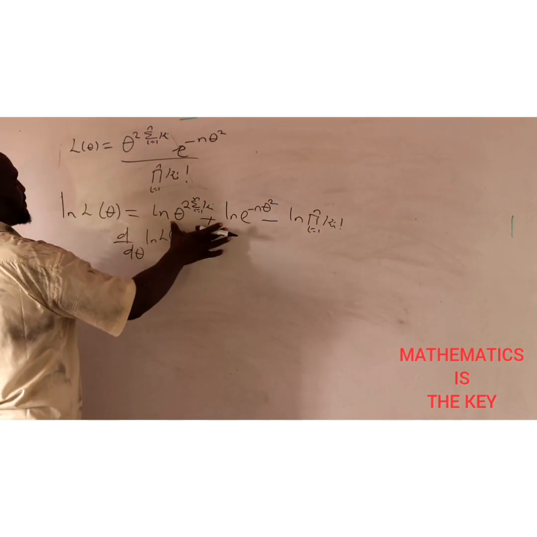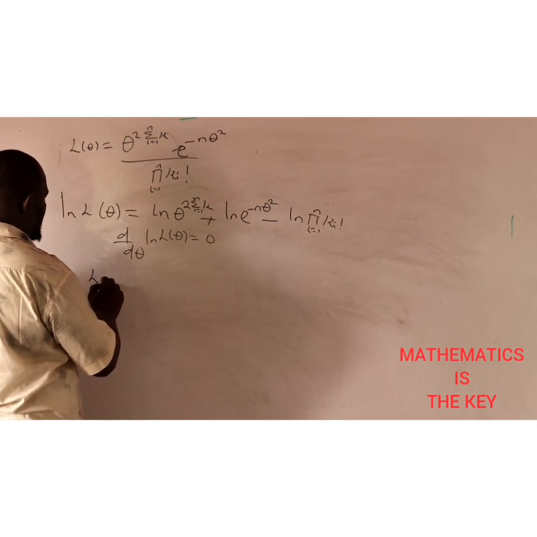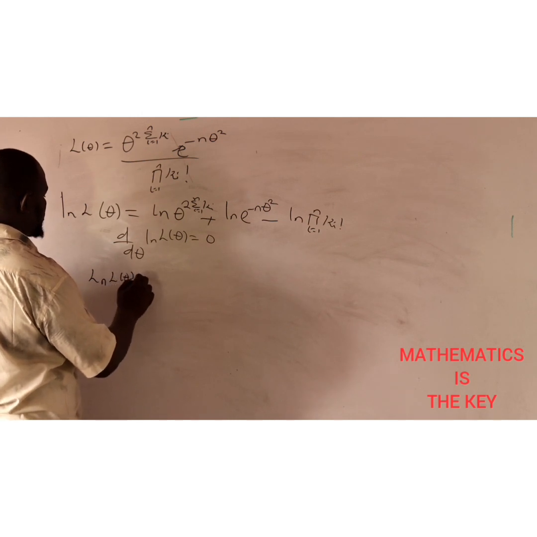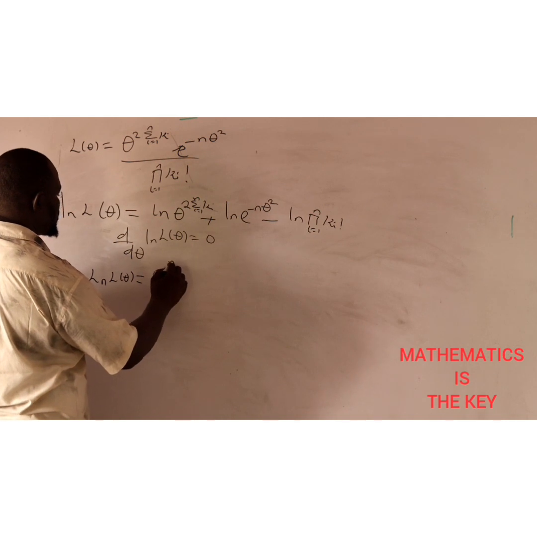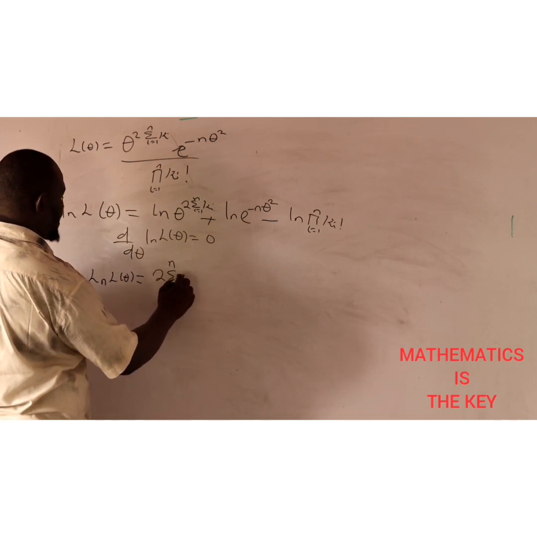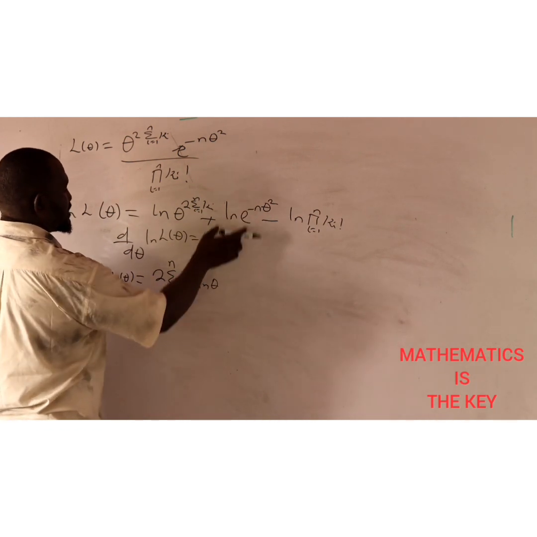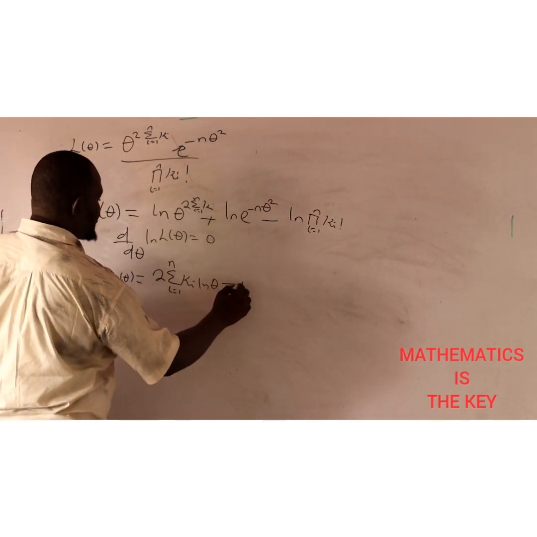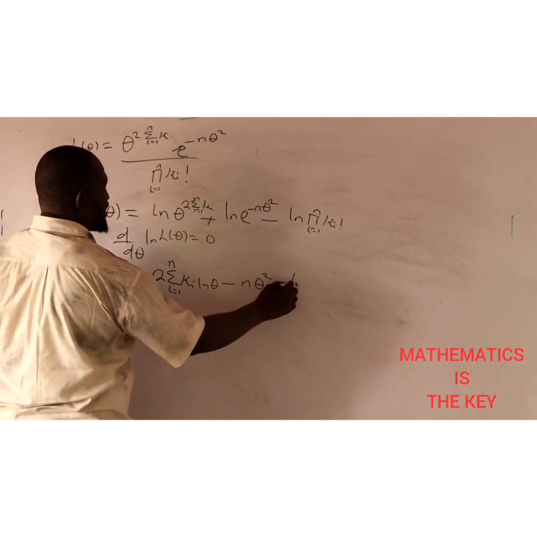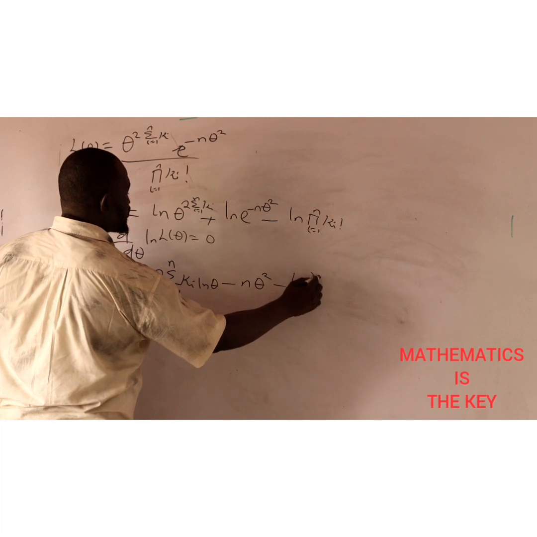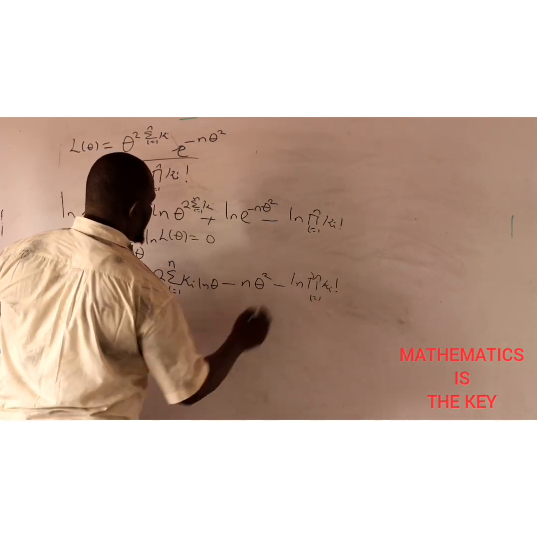Meanwhile, this function can be written as ln of likelihood of theta equals, the power can now multiply the function, 2 summation to n of i equals 1 of ki ln of theta. The ln neutralizes the exponential, so we have minus n theta square. Then we have minus ln of the product to n of i equals 1 of ki factorial.